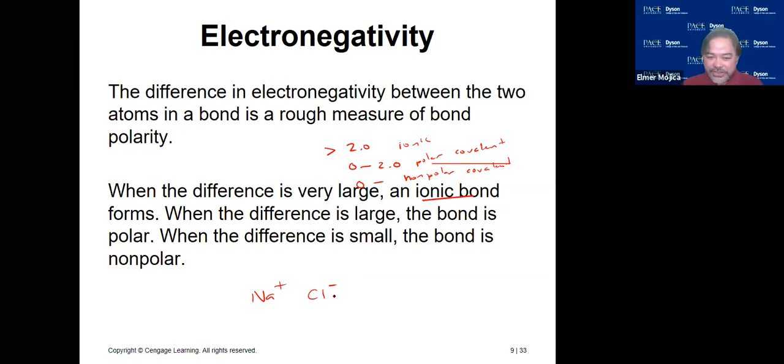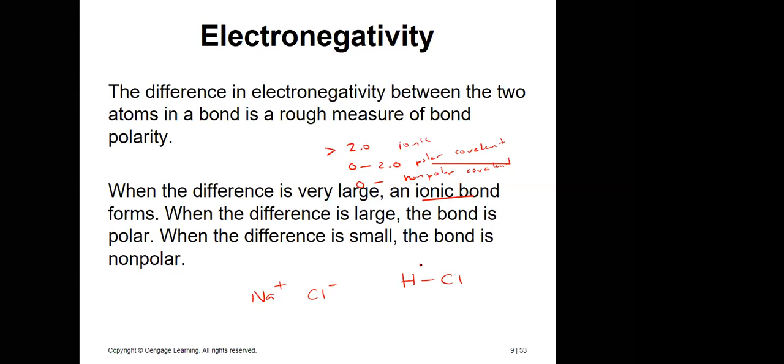Now, how do we associate that to a polar covalent bond, like HCl? We don't have a charge, but we have the so-called partially negative and partially positive ends. Now, the question is, between H and Cl, where is the partially positive and where is the partially negative end? Would hydrogen be partially positive?